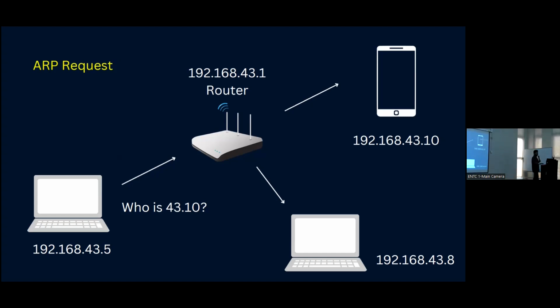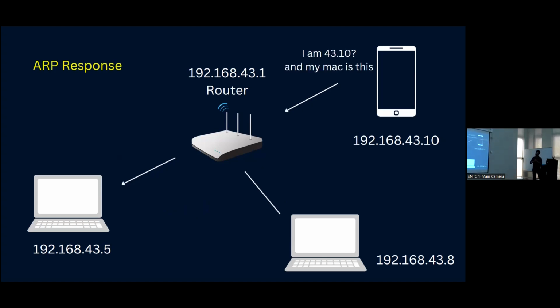And after that, there is the ARP response. The request is accepted only by this device, and he is telling that, okay, I am 43.10, this is my MAC address. He is sending the MAC address to this device, then this device has the MAC address of that device. Then these two can communicate.